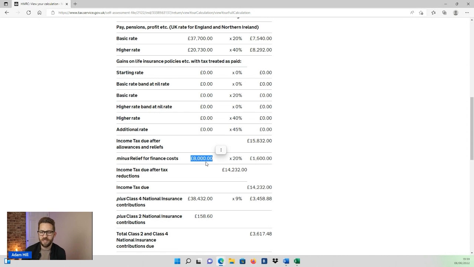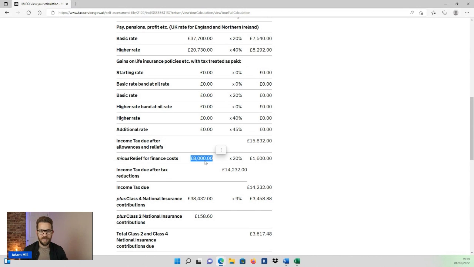But if you imagine, if you're a higher rate taxpayer or an additional rate taxpayer, and you normally pay 40 or 45% tax, then usually if that £8,000 is an allowable expense, like it is under furnished holiday lettings, then you would get tax relief at 40 or 45%.